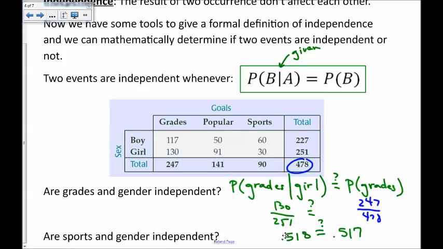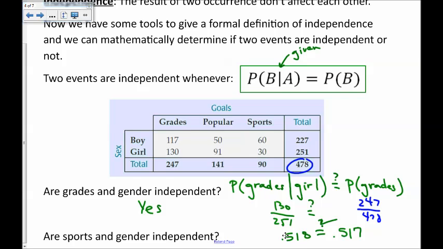You may be saying mathematically they're not exactly the same, but we're dealing with real numbers here, so you have to be somewhat forgiving. These are close enough to say that they probably are independent of each other from this data. So are they independent? I would say yes.